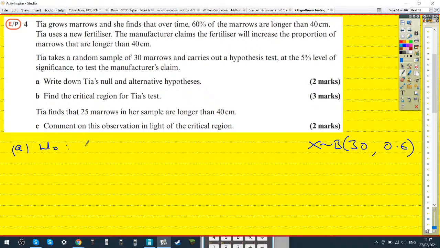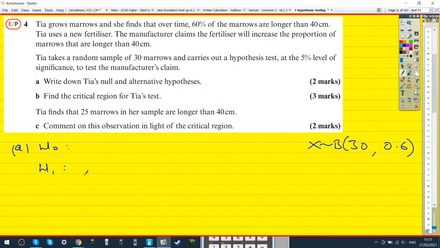Wait, is it just what it says to the right? No. What is she claiming? She's claiming that it'll increase the proportion of marrows that are longer than 40 centimeters. And we're told that 60% of marrows are longer than 40.